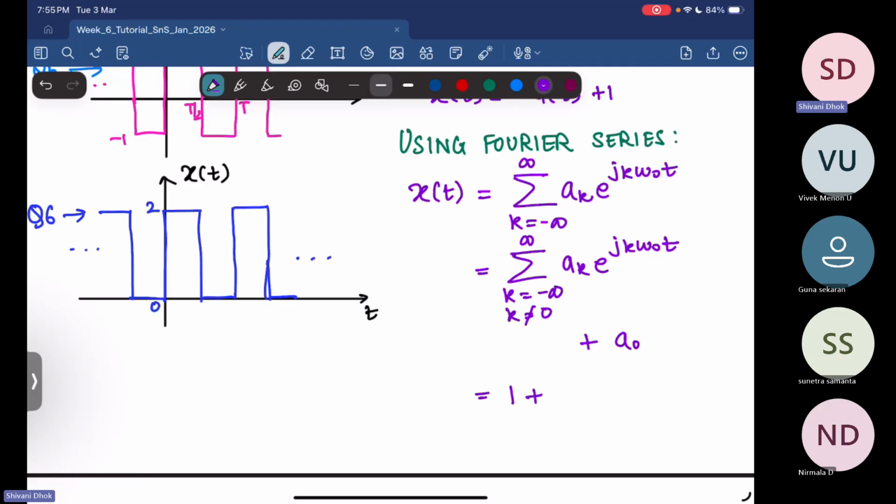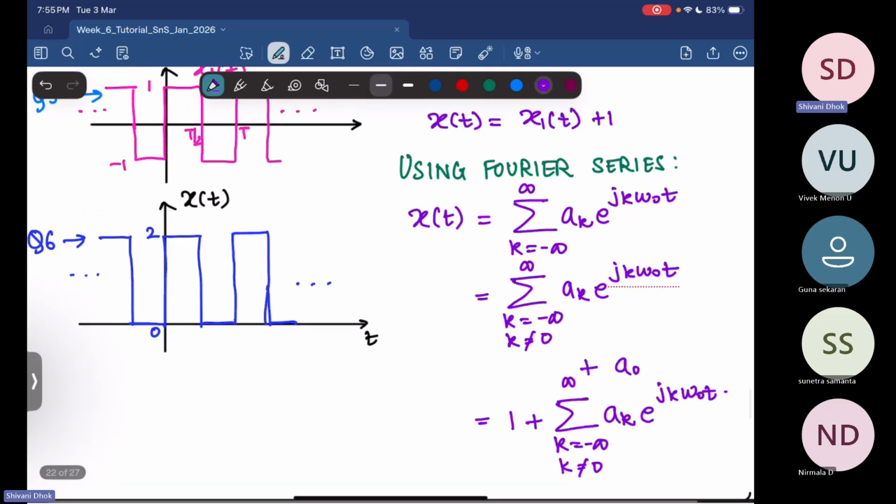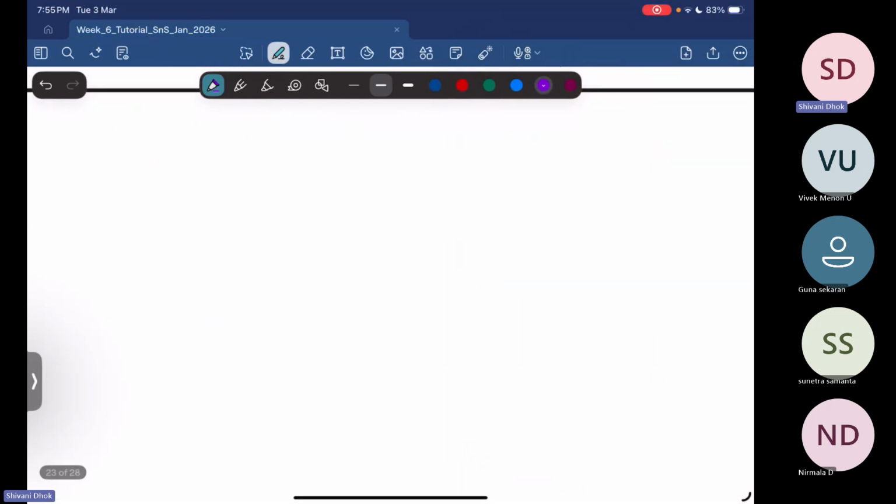So this was 1 plus summation k running from minus infinity to infinity for k not equal to 0 ak into e power j k omega naught t. Okay, so this was the Fourier series representation for your x of t.